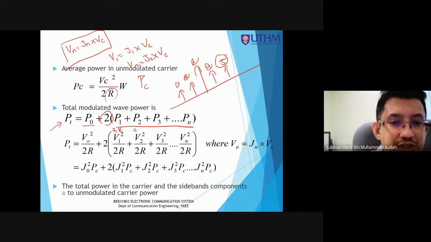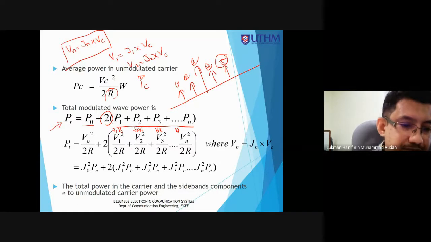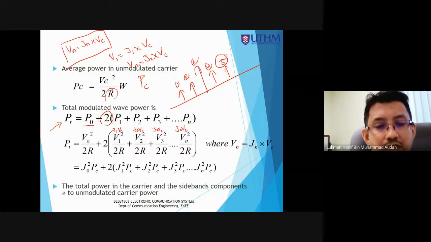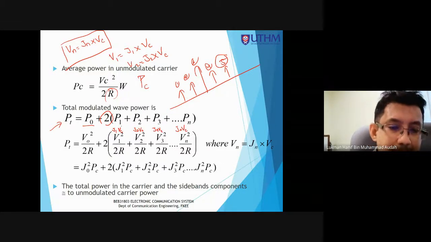So ini adalah J2 Vc square, J3 Vc, and this is Vn, Jn Vc. Okay. So if you do the quadratic, maknanya akan ada J square Vc square over 2R.